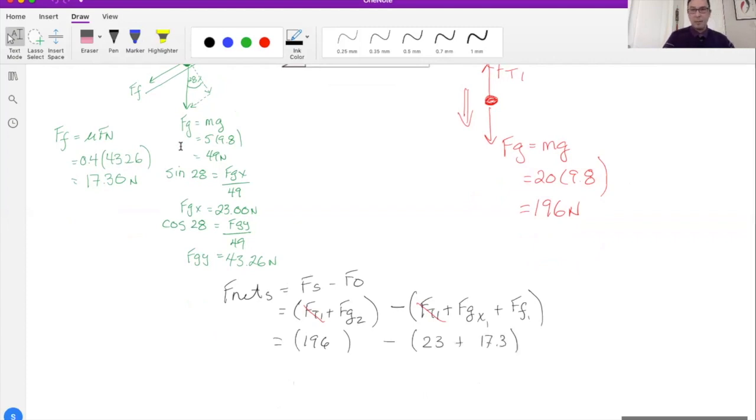You'll notice I didn't bother to deal with sig figs. I know I'm going to do everything here to force sig figs. So picking up my calculator, 196 minus 23 and subtract again 17.3 equals 155.7.